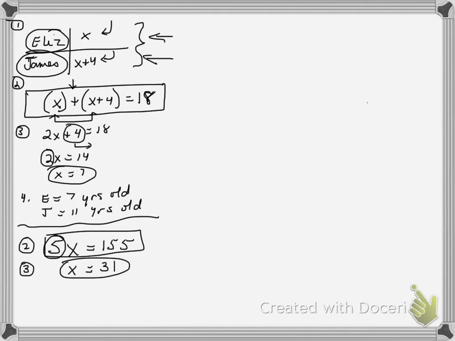The problem says the sum of twice a number and 11 is 45. What is the number? Now again, this is a truncated problem because I don't have more than one variable. So I'm just going to go right on to step 2, write the equation, because all we're talking about is a single number. It says the sum is a plus sign.